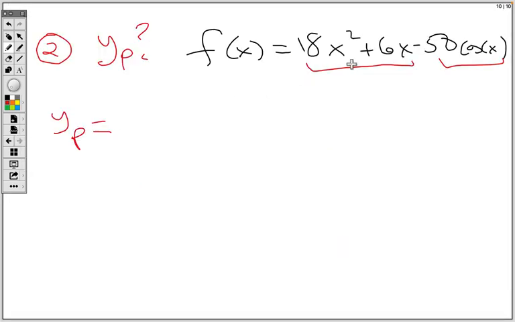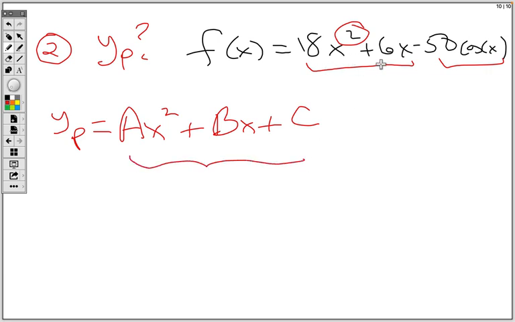So I see I've got myself a quadratic here. So in the yp, the highest power of x I'm going to need is a quadratic, so I'm going to need something ax squared. But as I take derivatives of ax squared, I'm going to get x's and I'm going to get constants.